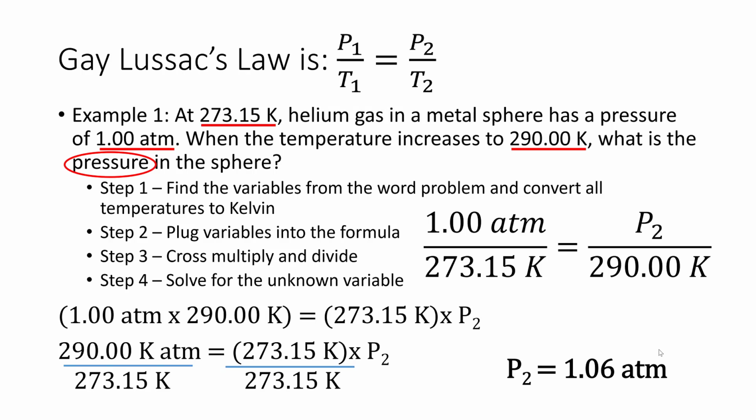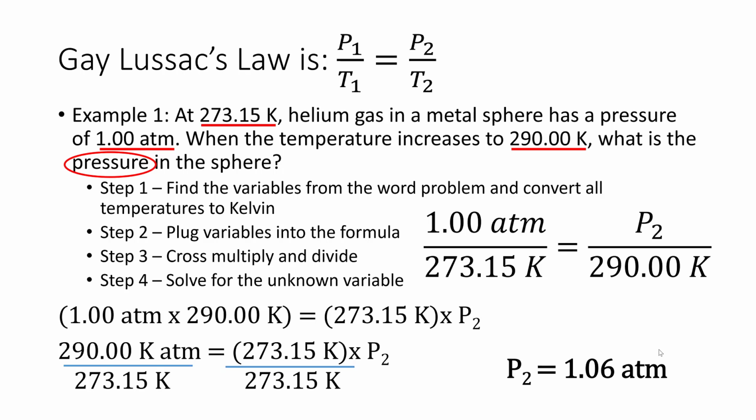If you notice, on the bottom left of my screen here, the 2 Kelvin temperatures will cancel out with each other. And the unit that I'm left with is atmospheres. So that matches up, because I was trying to solve for pressure, and atmospheres is a pressure unit. So if your unit doesn't match with your variable, then you know you've made a mistake.